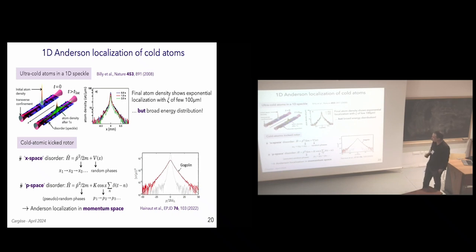So in short, what you have here, you have atoms and you subject them to blinking standing waves. Okay, so it's standing waves which are periodically off and on. And then if you do so, you kick the atoms, so you give momentum to the atoms, and therefore the atoms acquire momenta on a lattice in momentum space.